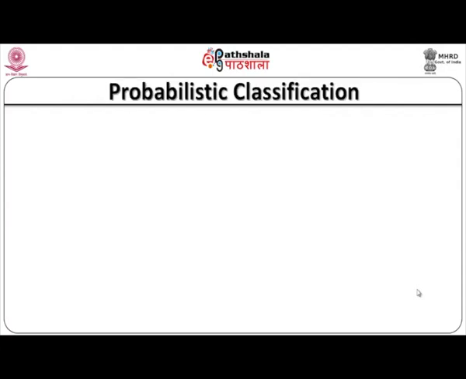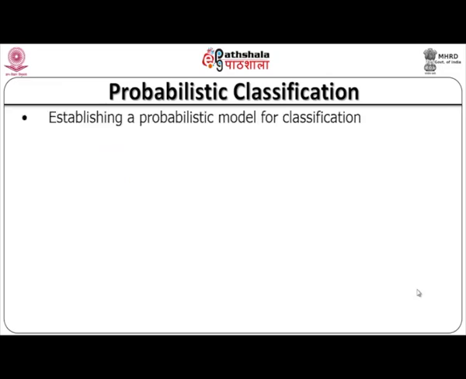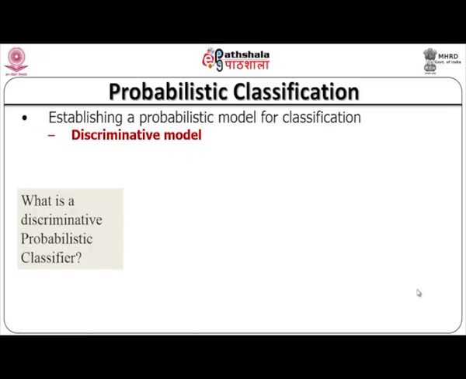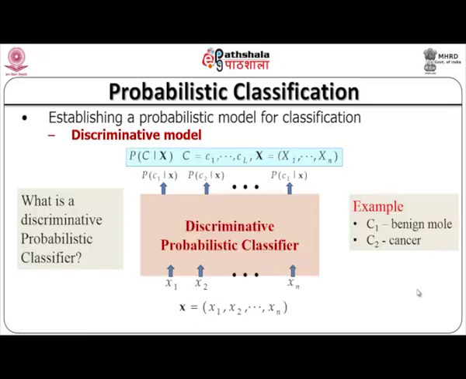Now let us look at probabilistic classification, that is the B and C examples. We are trying to establish a probabilistic model for classification. In this you have 2 types of models. What is a discriminative probabilistic classifier? What you have here is x1, x2 to xn, the data, and you have the probability of C1 given x, the probability of C2 given x, the probability of Ck given x, or however many classes you have.